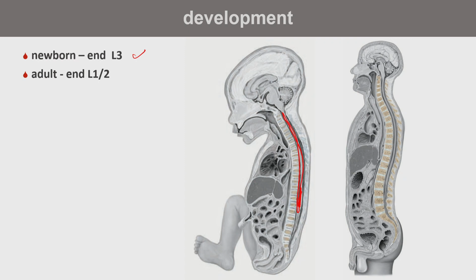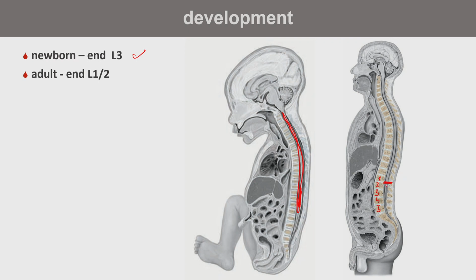It's very important then that in the adult we can find the lower tip of the spinal cord at a level about L1 or L1-2.